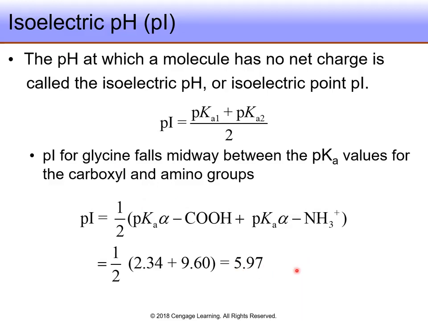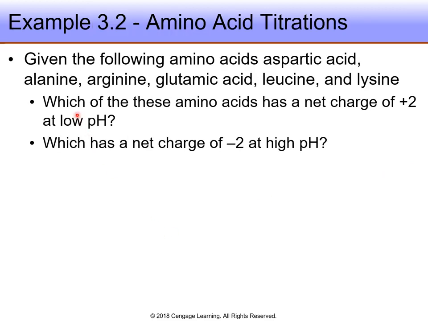You can calculate for any of the 15 amino acids with the same formula, the 9 non-polar amino acids and the 6 polar but uncharged amino acids. Now, example: given the following amino acids, aspartic acid, alanine, arginine, which of these has a net charge of +2 at low pH, and which has a net charge of -2 at high pH?